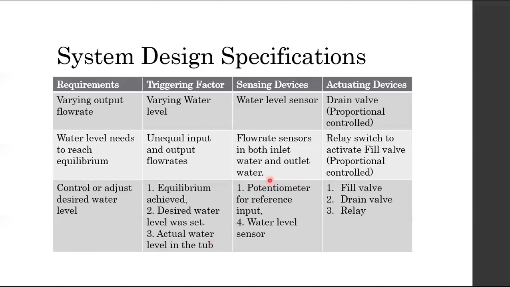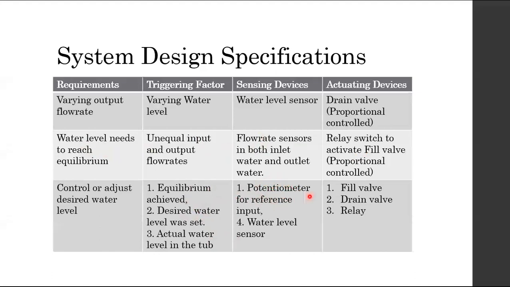Okay? So, ano yung mga sensing device? Okay, dun sa equilibrium, na-achieve na yun dito, no, sa second requirement natin once okay na yung controlling dito. So, na-achieve na ito. Okay? Yung sa number 2, we need the potentiometer.